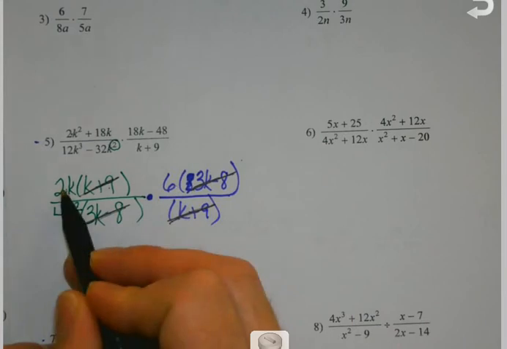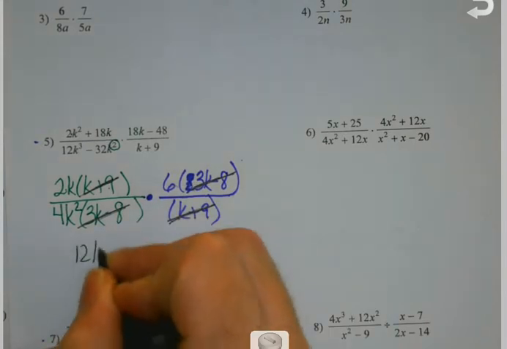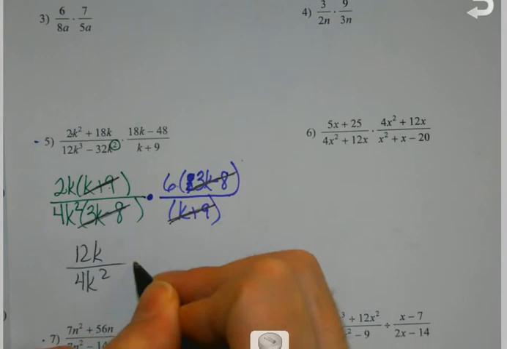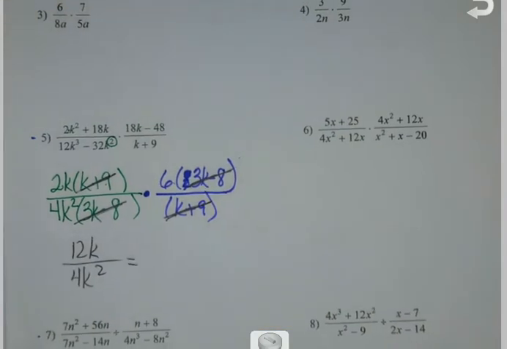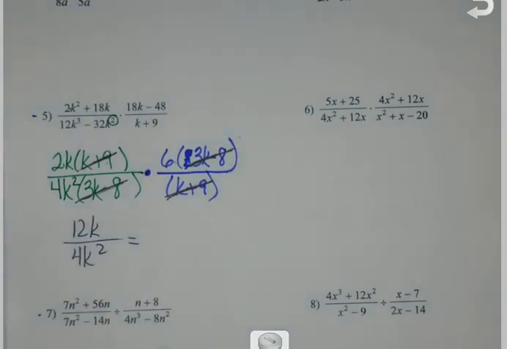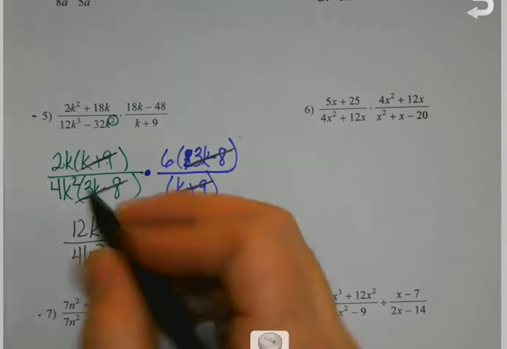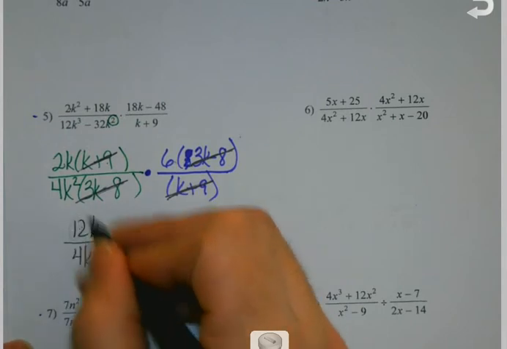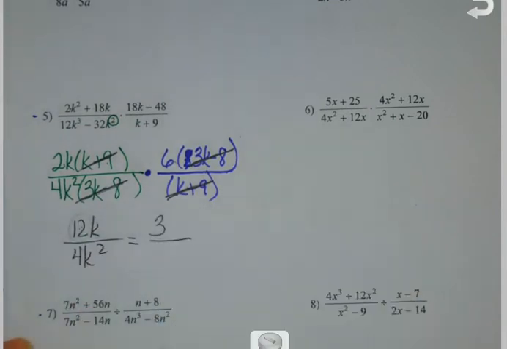So I'm like 2k times 6 is 12k. And then I got 4k squared in my denominator, but I notice, okay, there's going to be more I can do. No more bonds. So everything's fair game to cancel or reduce at this point. So 12 divided by 4 is 3, but since 12's bigger, the 3 will go on top of my fraction.